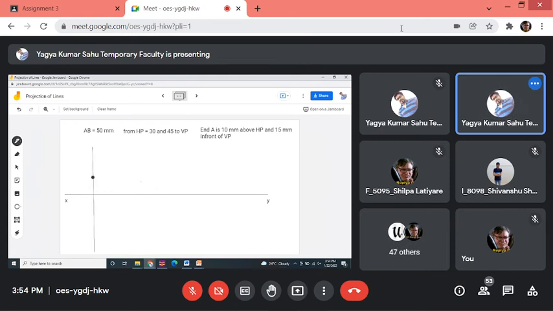Front view 10 mm above XY, A dash, and top view 15 mm below XY, A. So I'm writing this. This is A dash, this is A.